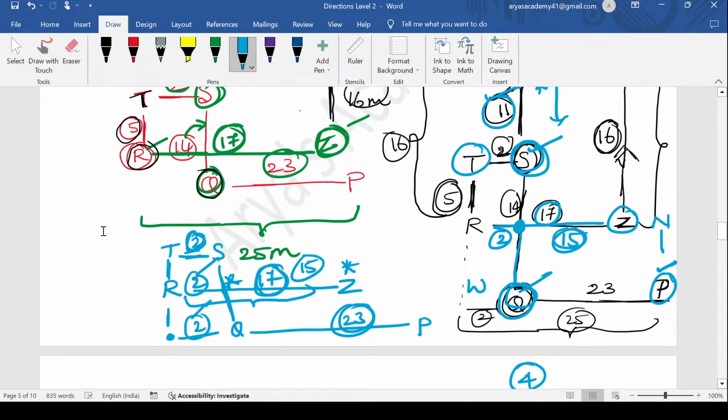All of you have written Q as the answer for question number 9, but actually the correct answer is S and not Q. Okay. So have you got the logic why I have told S instead of Q?